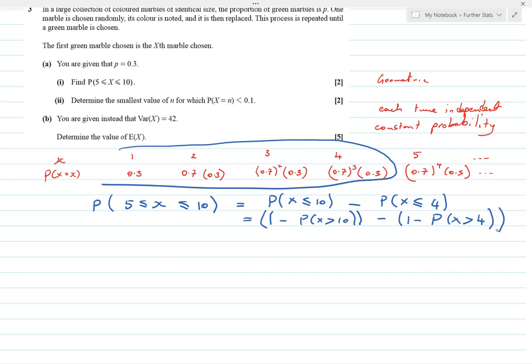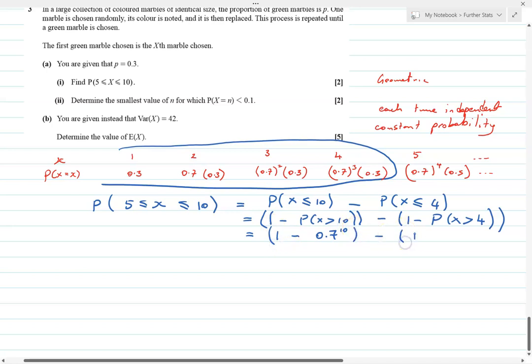The reason why I like to write the strict inequality here is because for the probability of x greater than 10, there's a nice property with the geometric distribution, which means that it's the same as the probability of it not happening the first 10 times. So that's 0.7 to the power 10.